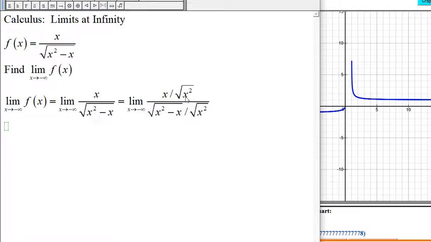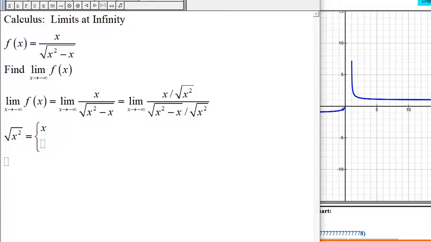Then for things like this, we have to be careful with the square root of x squared, because the square root of x squared is equal to x or negative x, depending on where x is going, because it's like the absolute value of x.